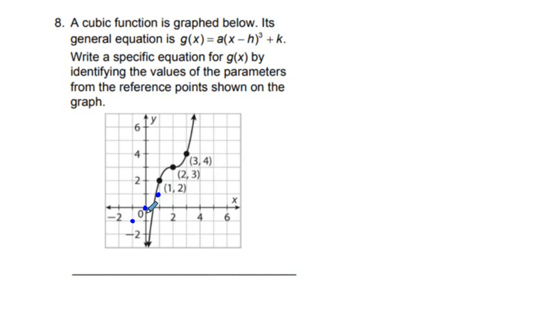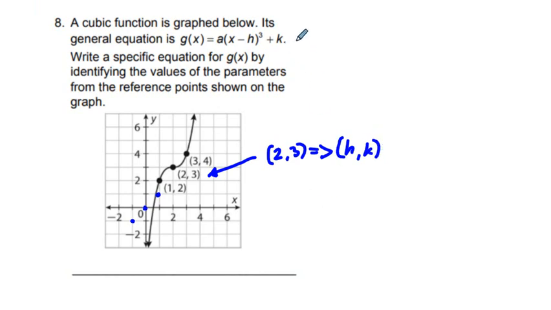And so the center one is the easiest one to deal with, because we see that our inflection point is going to be this one right here, 2, 3. And that's going to be the coordinate pair h, k.